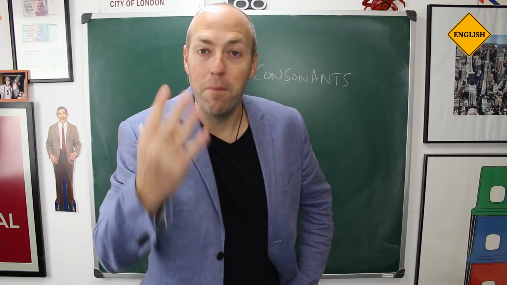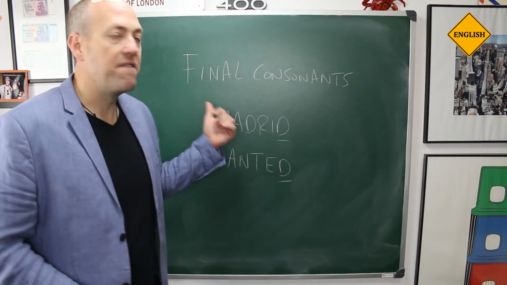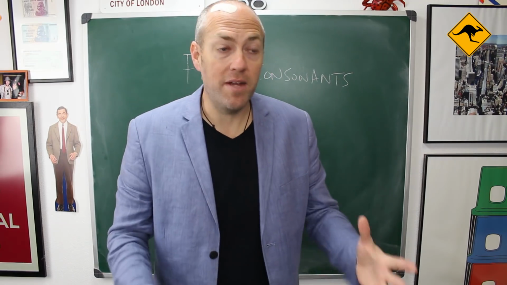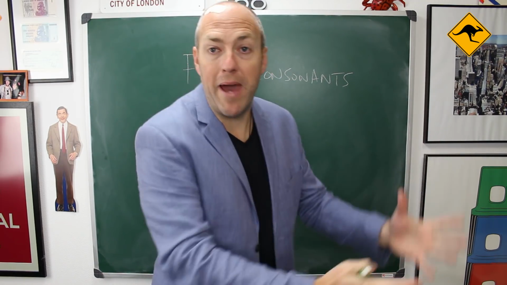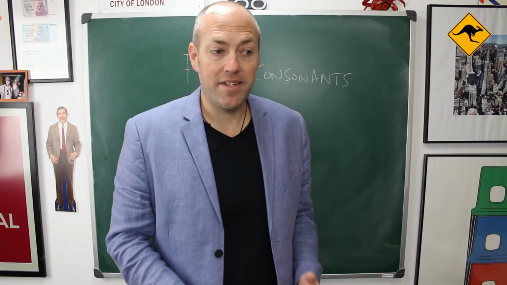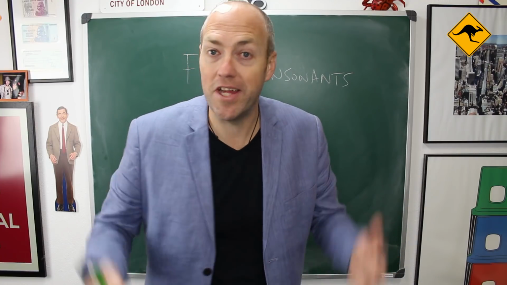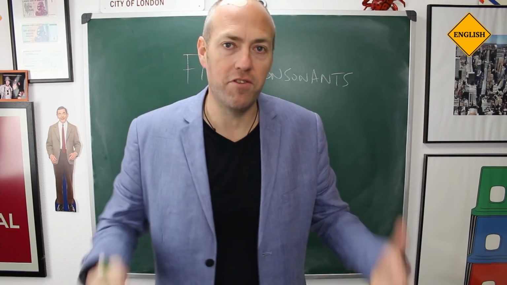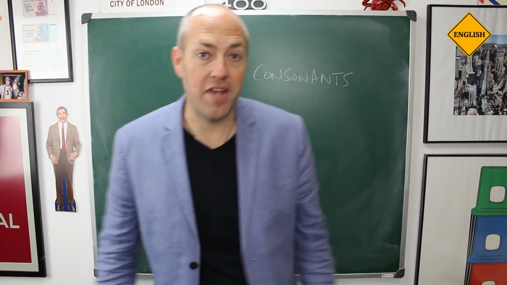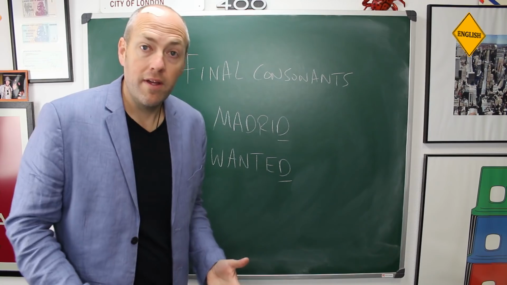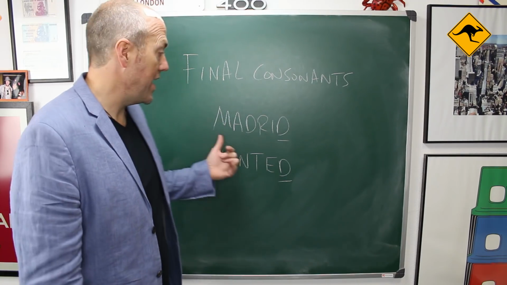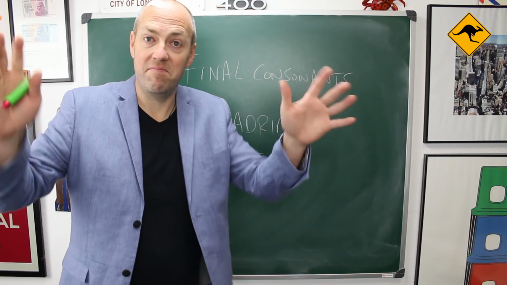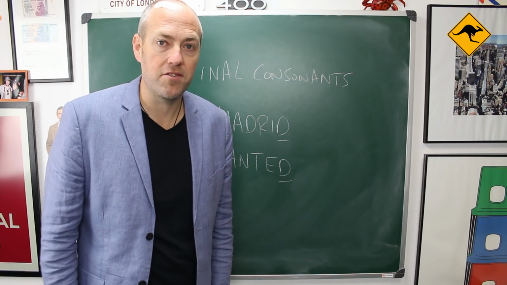Number 2 is more pronunciation. Final consonants. The main difference in pronunciation between Spanish and English is that in Spanish you are obsessed with vowels, and in English we are obsessed with consonants. For example, it would be normal for a Spanish person to say Madrid, and this D disappears, it's not pronounced.